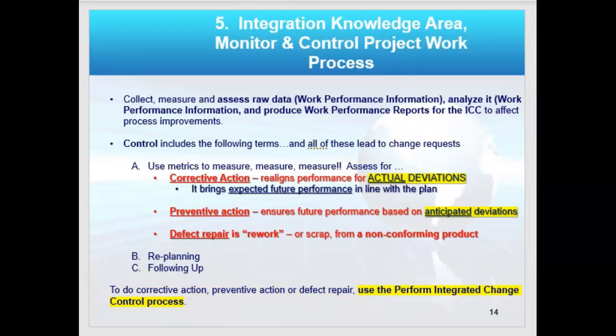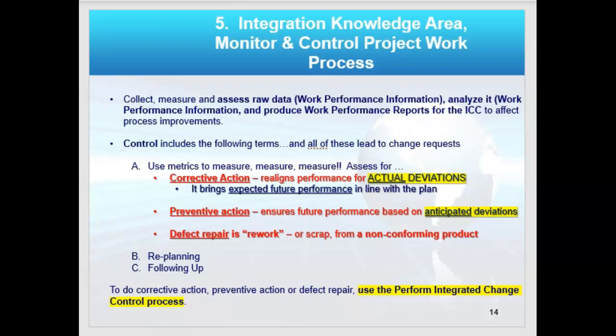Now, integration management has three key definitions you need to know: corrective action, preventive action, and defect repair. Corrective action is against actual deviations. Preventive action is to address anticipated deviations, and defect repair is rework, right? Scrap non-conforming products, right?